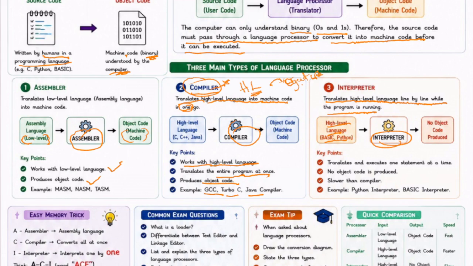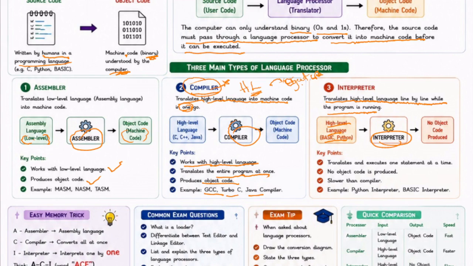Now interpreter. Interpreter is more or less like an application, but it is not an application, I'm going to explain. Interpreter takes the code one at a time while the program is running.